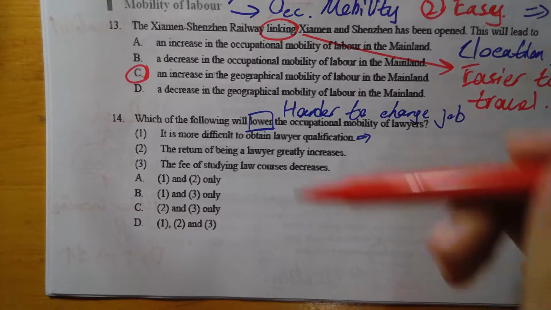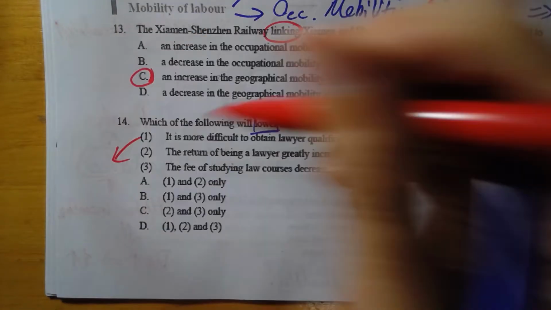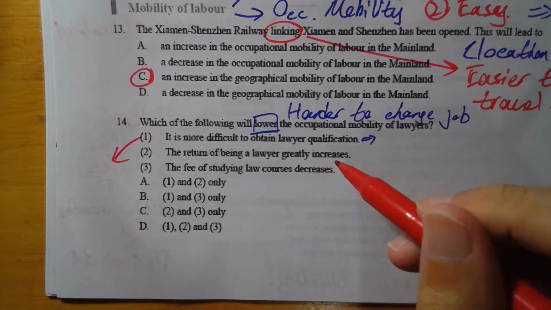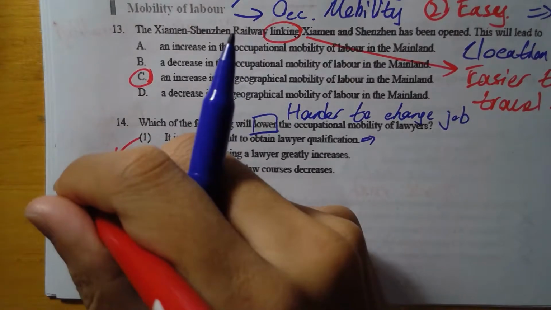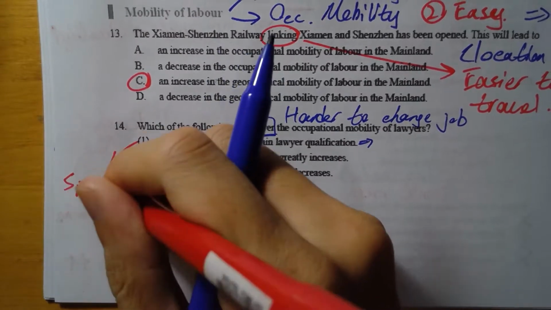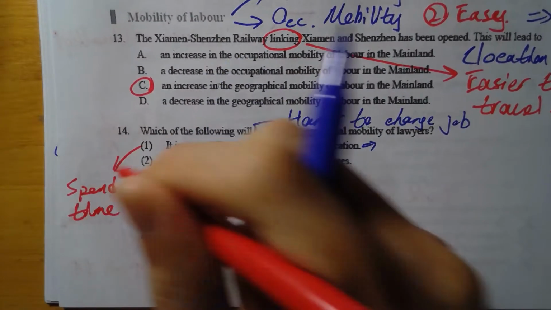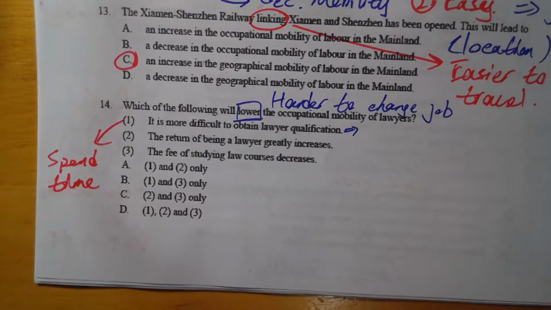Now, why do I say so? To obtain a law qualification. Now, I am the best person to say this. To obtain a lawyer qualification, you need to spend a lot of time, maybe giving up some social time, no dating time, no gaming time, just studying. Then you go to take an exam.